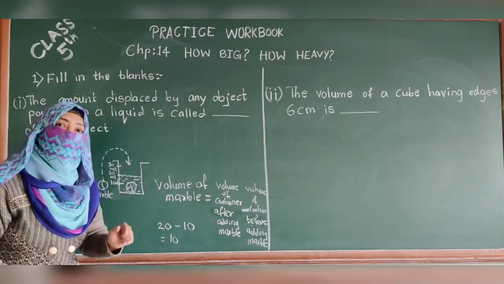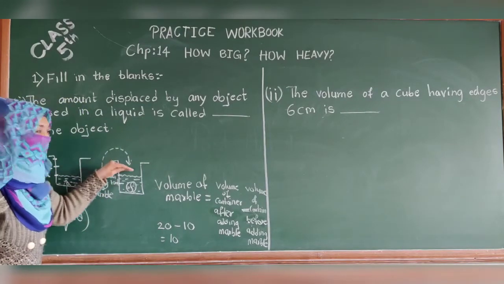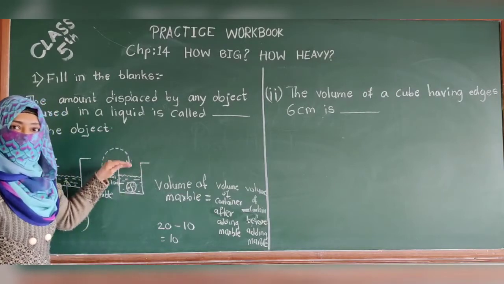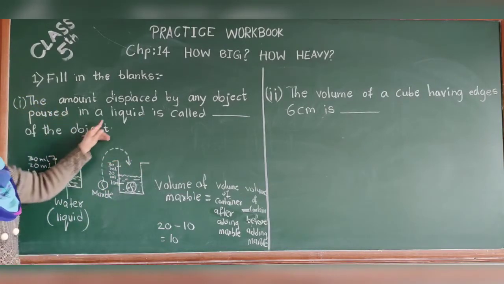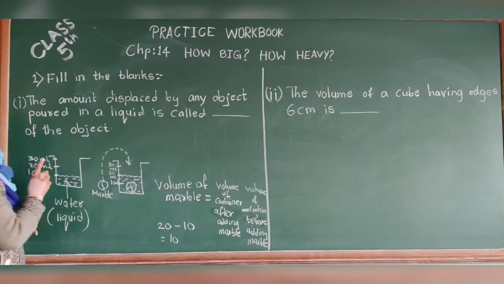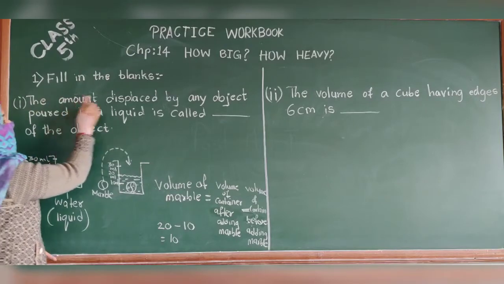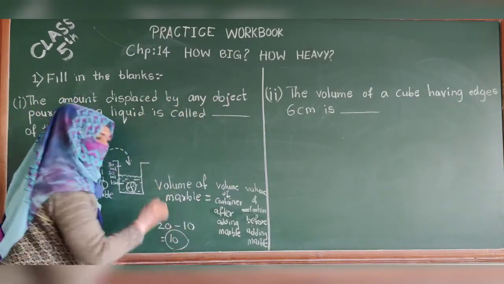Displaced means it changes its level position. The level was 10, then it changed to 20. So displacement is done, and whatever the difference is, that is the volume of that object.